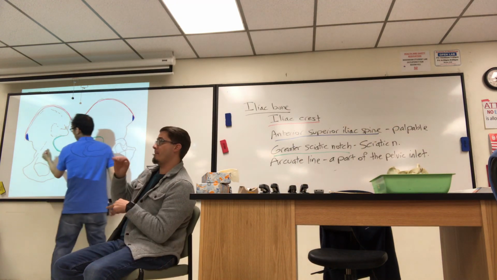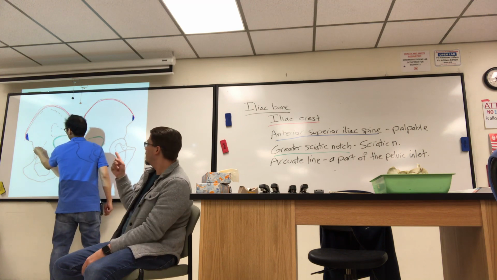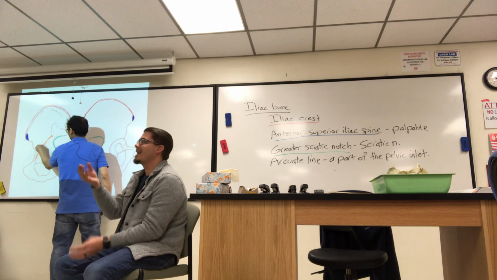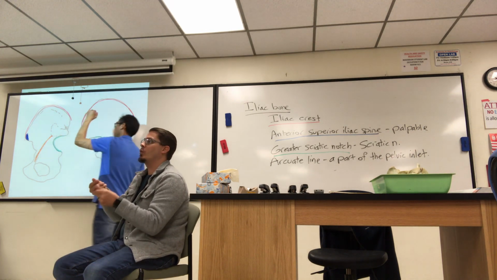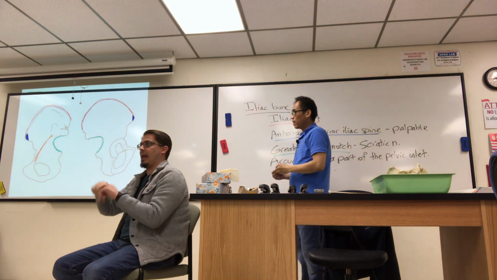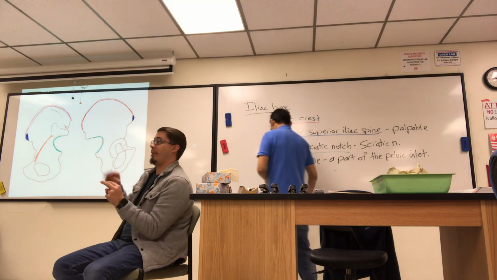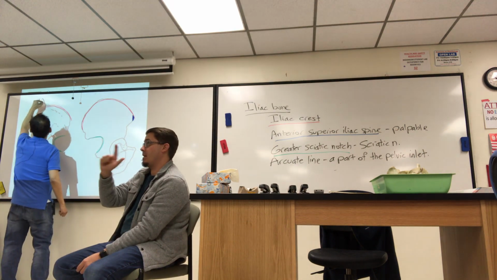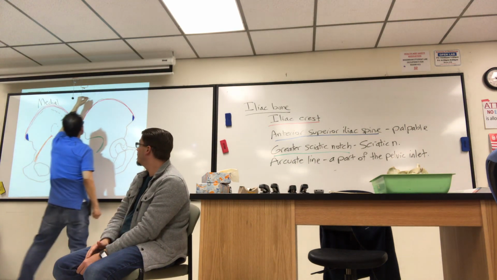It's pretty much a smooth line, kind of like right there. You can't see it from the lateral view. You can see it from the medial view. Again, this is medial. This is lateral.